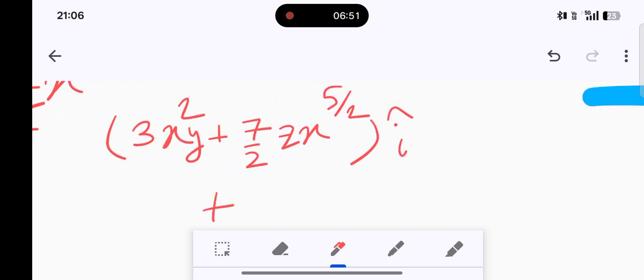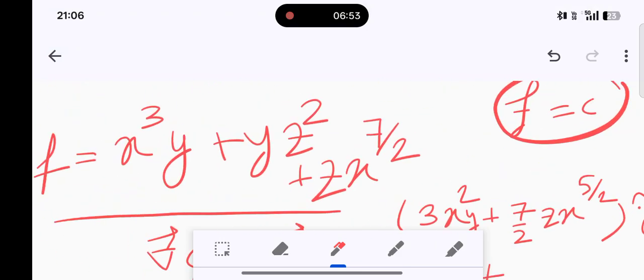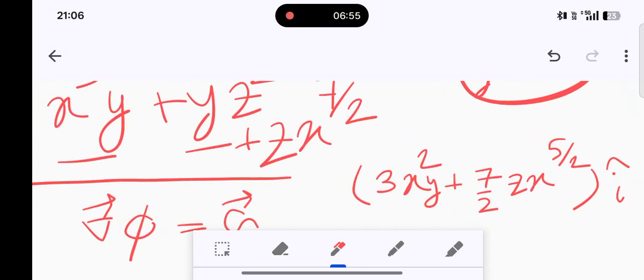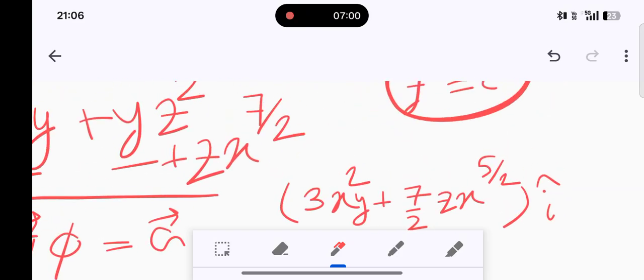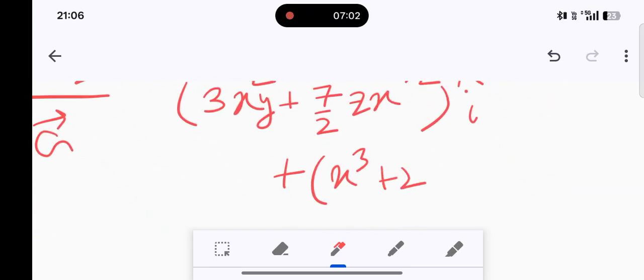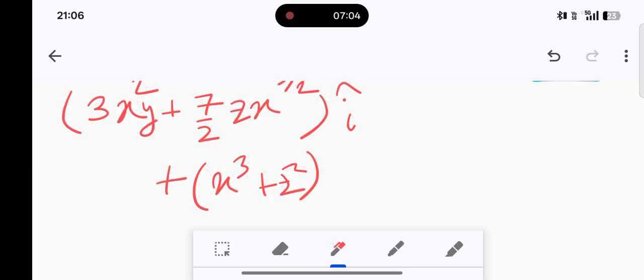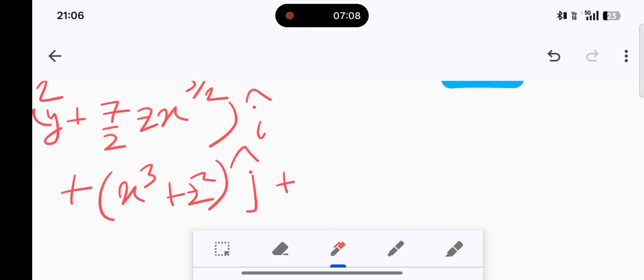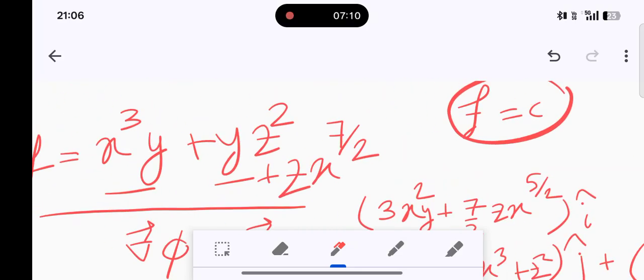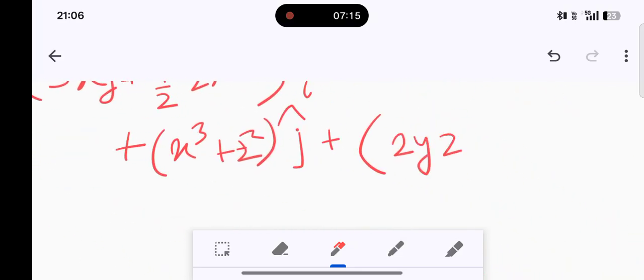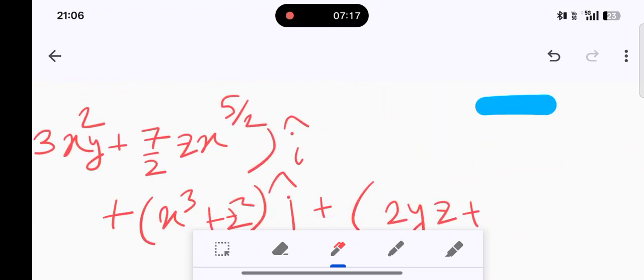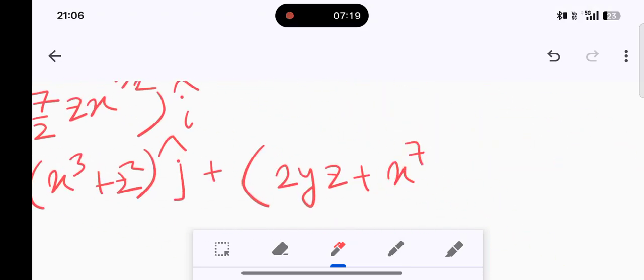Plus for y: this will be x cube plus z square, and this is j cap. Plus for z: this will be 2yz plus x to the power 7 by 2. This is k cap.